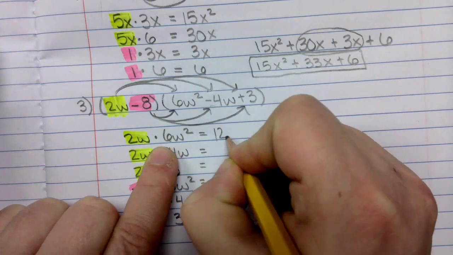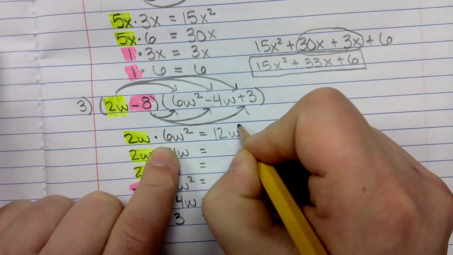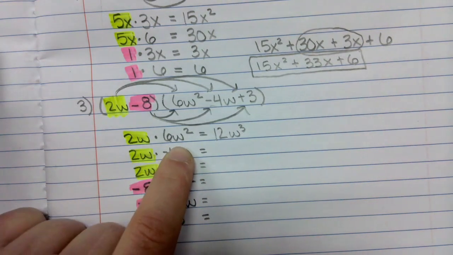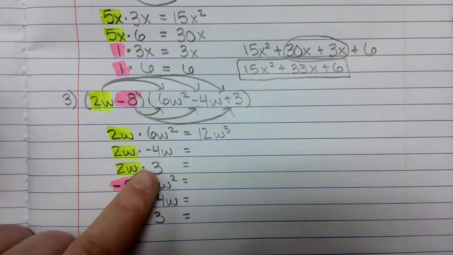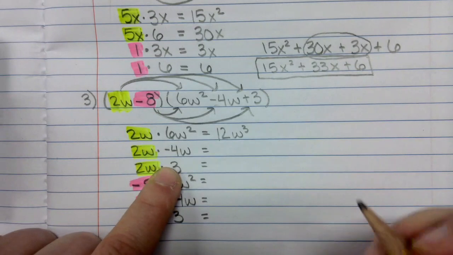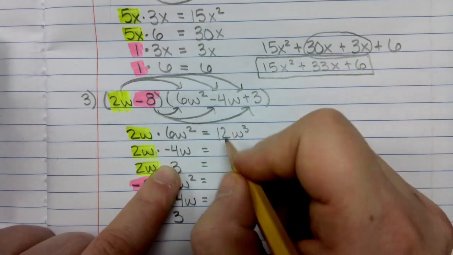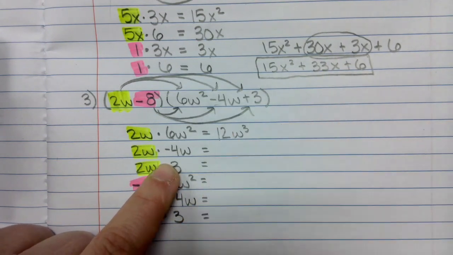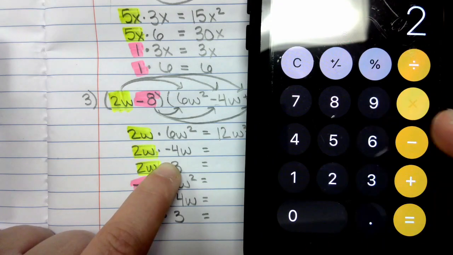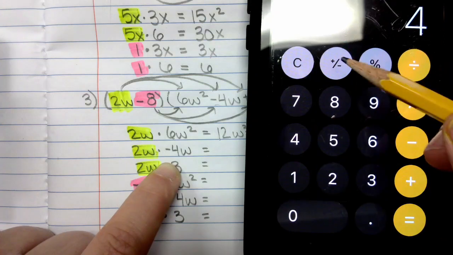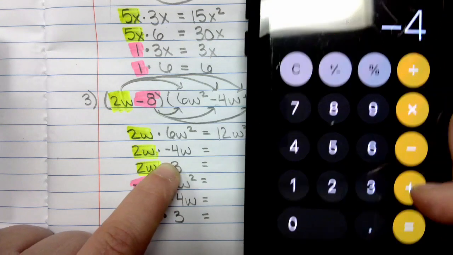Alright, 2w times negative 4w times negative 4. If you're using your phone calculator, you have to be really careful with your negatives. So 2 times negative 4, you have to use this negative up here, would be negative 8. Good, to the second power.